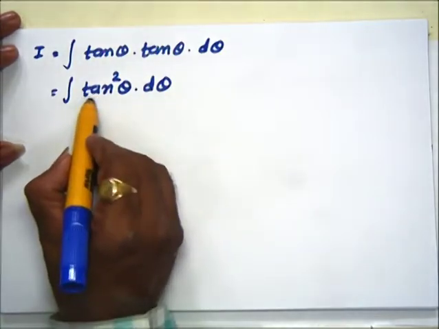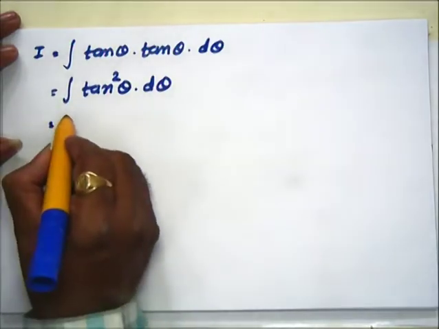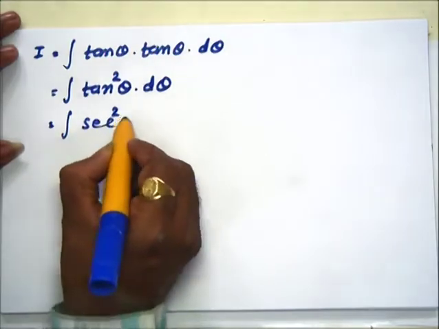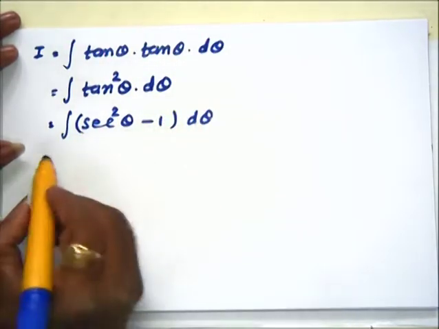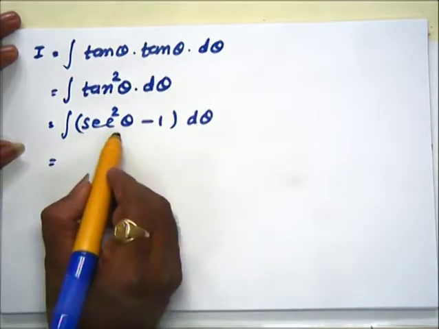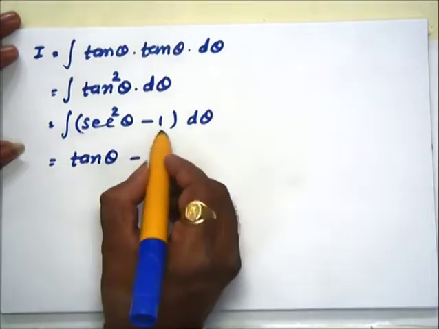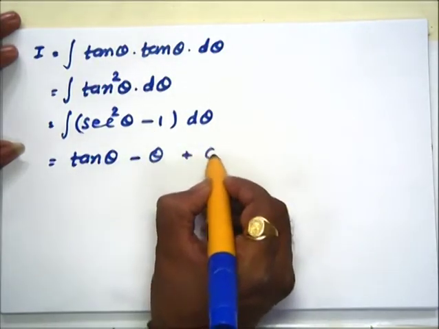Now we don't have the integration of tan square theta directly. But we all know that tan square theta is sec square theta minus 1. Now integration of sec square theta is tan theta, minus integration of 1 which is theta, plus arbitrary constant c.